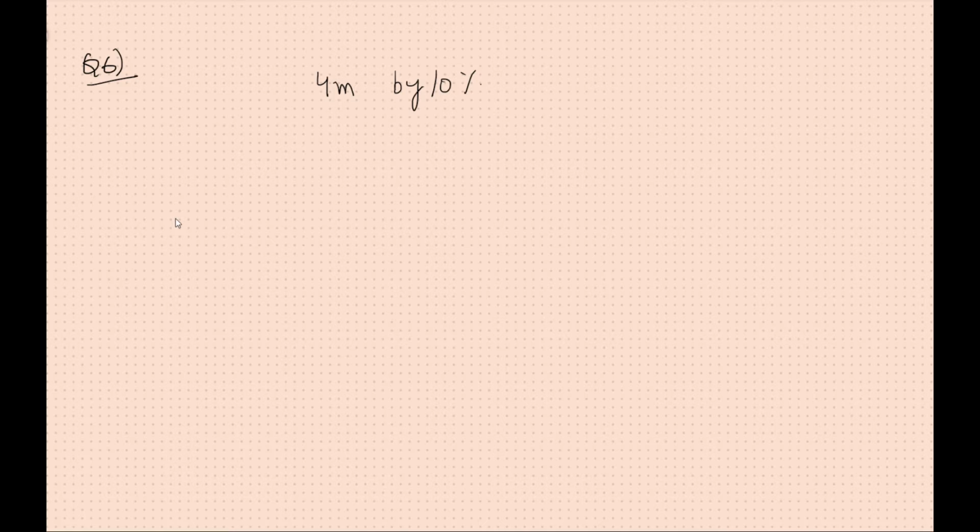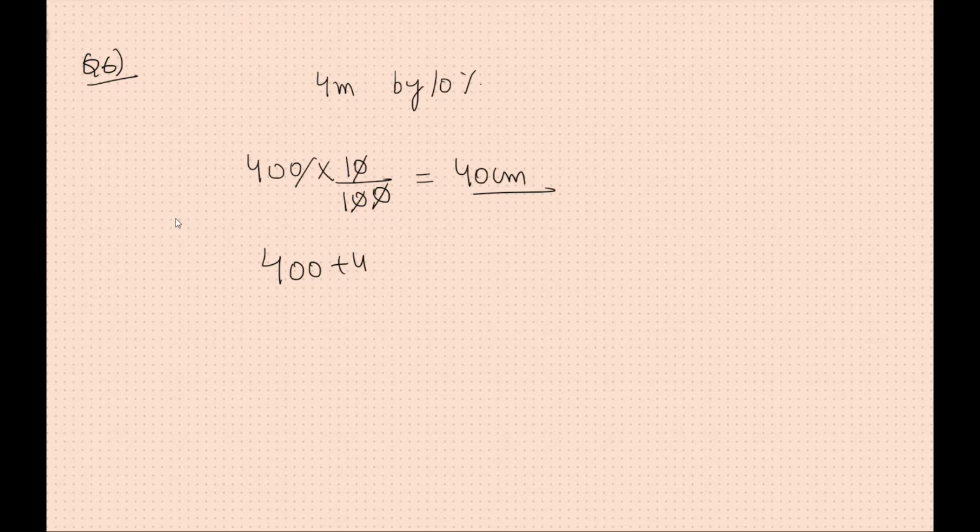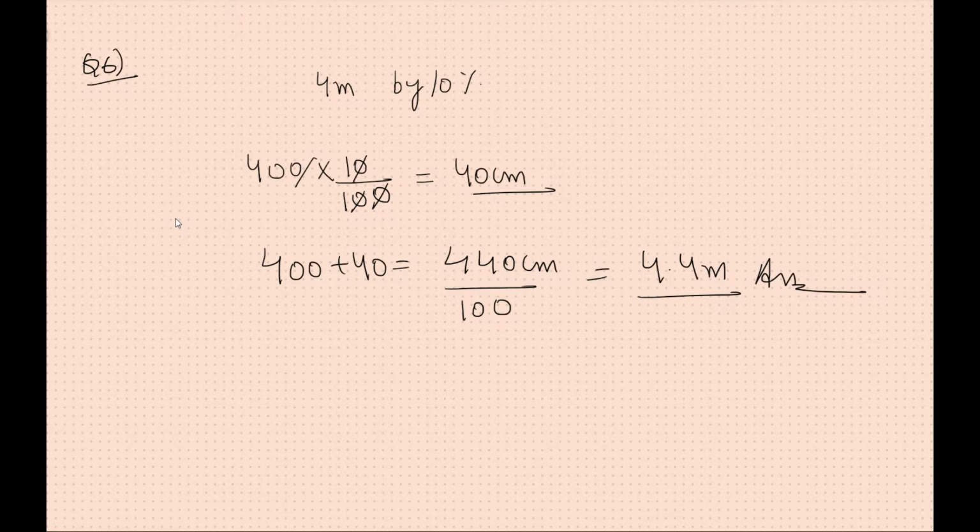So 4 meters is 400 centimeters, into 10 upon 100. So its length increased by 40 centimeters. So 400 plus 40 will be 440 centimeters, or if you divide it by 100, it will be 4.4 meters. This is your answer, children.